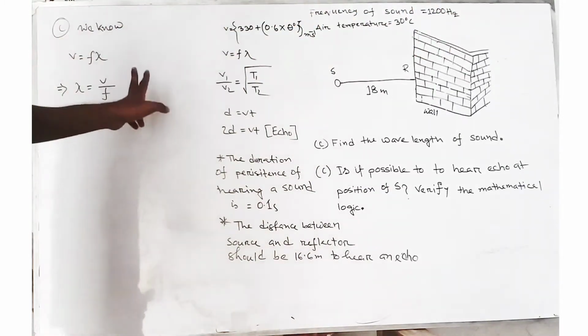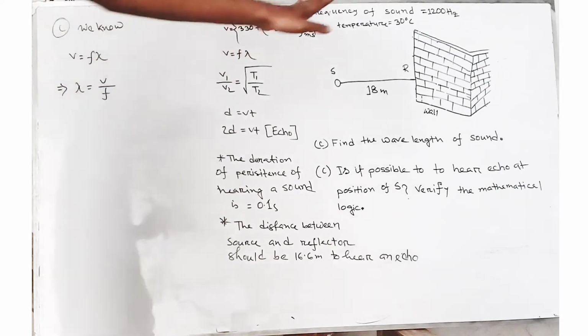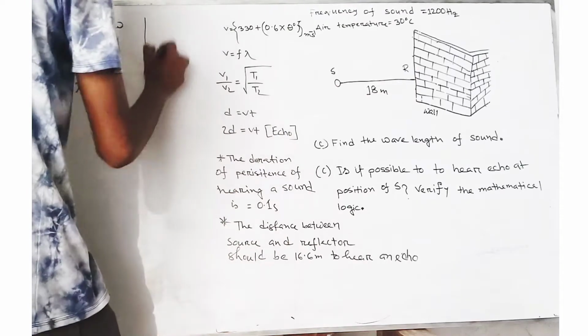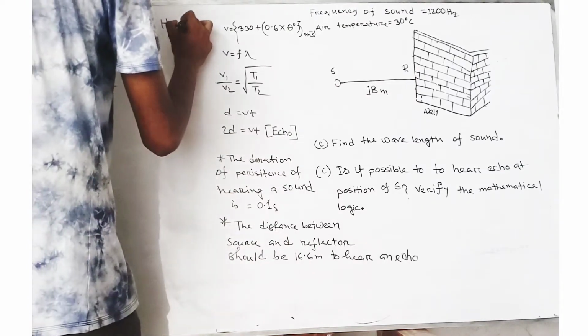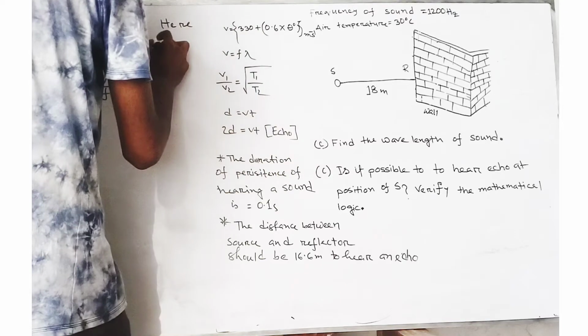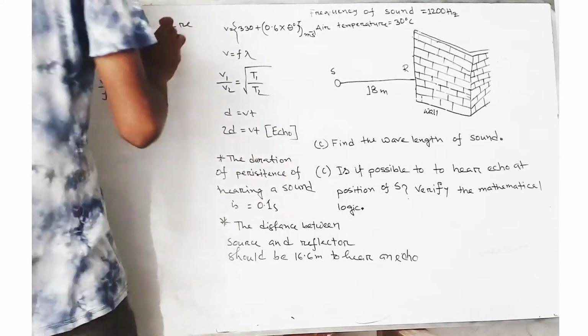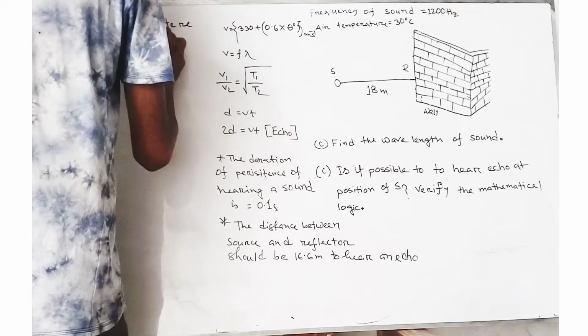We don't have the velocity. We will have to utilize the temperature to find the value of velocity. You can write them on the right side. You can utilize two formulas.